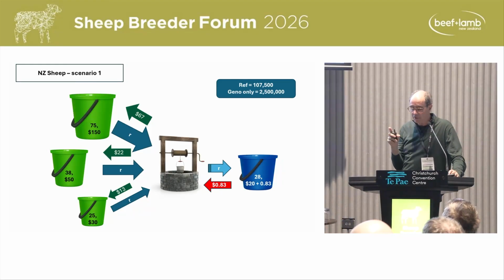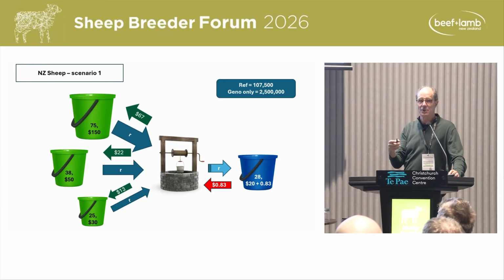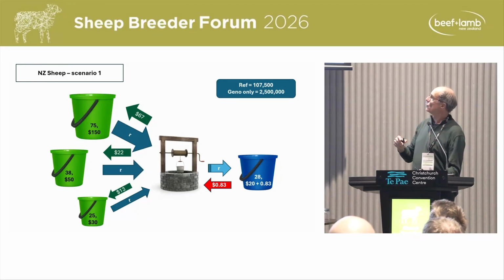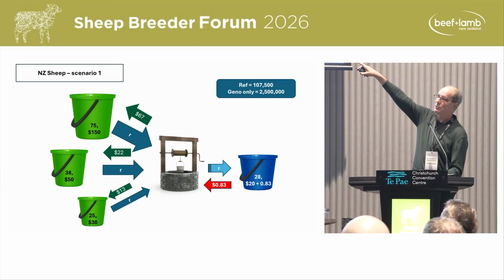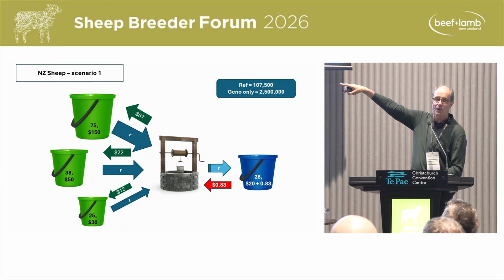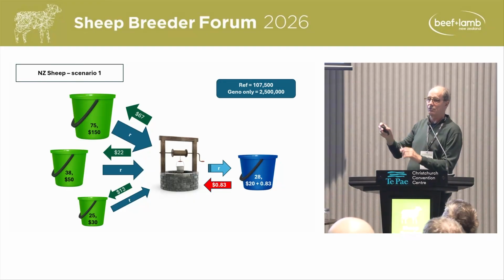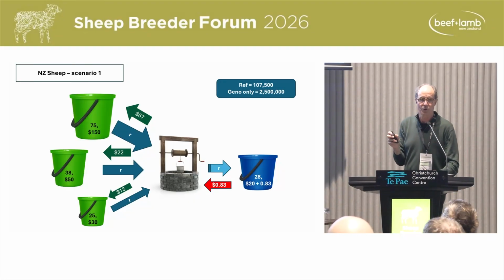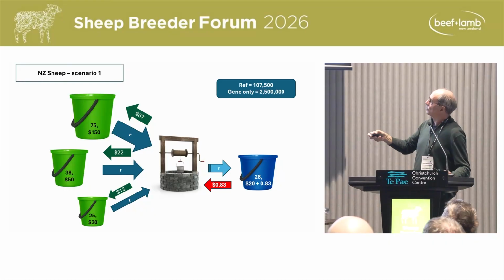I stress I didn't try to mimic the current situation of how many people are doing phenotyping and genotyping. I sort of made up an example which I thought would be reasonable, a relatively small number of people doing the top green bucket and larger numbers doing the other ones. But I'm not trying to defend this as exactly what it would look like for New Zealand, but it certainly illustrates the principle, I think.